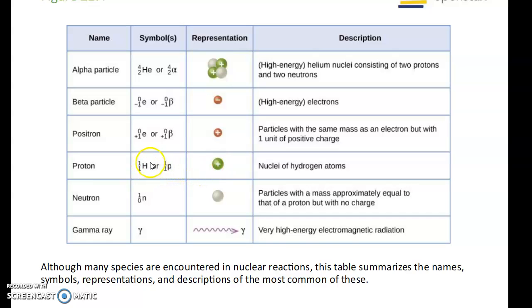That's essentially a hydrogen ion. A neutron is symbolized with an n, with 0 for protons and 1 for its atomic mass. And a gamma is a very high energy electromagnetic radiation. These are the words that we will talk about, these are the symbols, and this is what they actually represent.